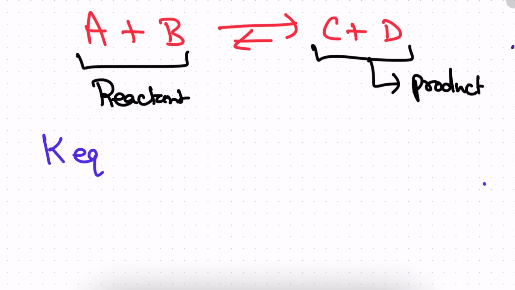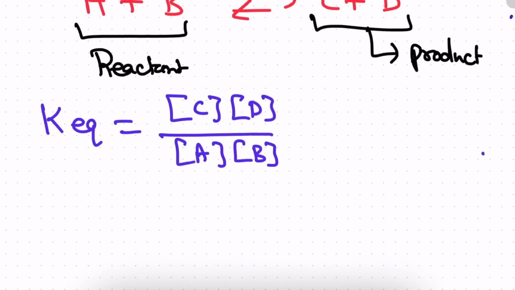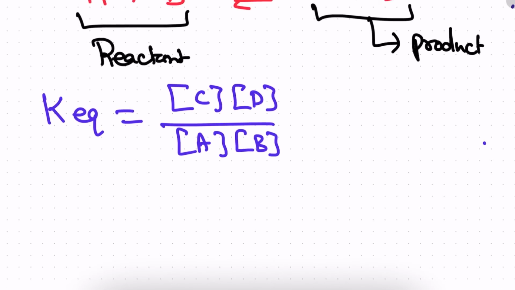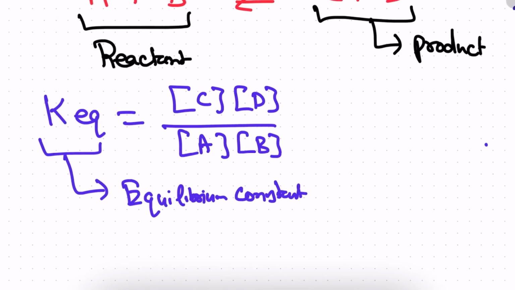The equilibrium constant can be calculated as the concentration of C times the concentration of D, the concentration of products, divided by the concentration of A times the concentration of B. By this way you can calculate this K equilibrium. This is known as the equilibrium constant, and it is going to be a constant.